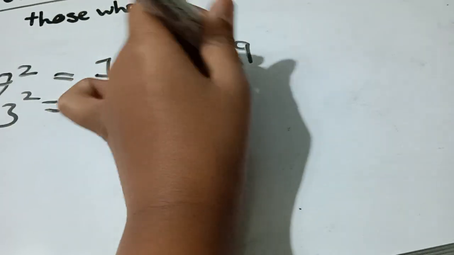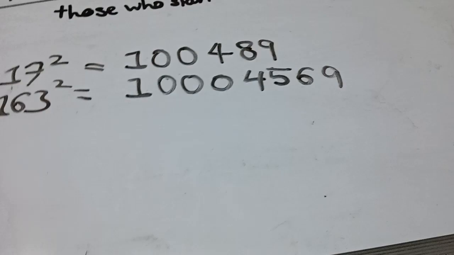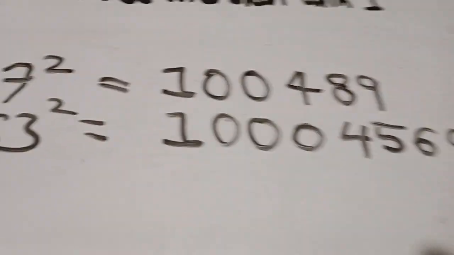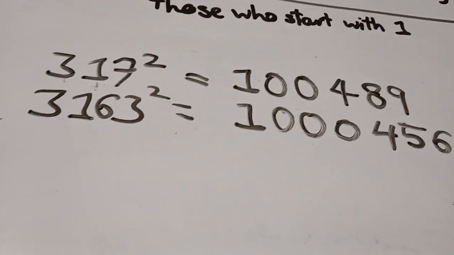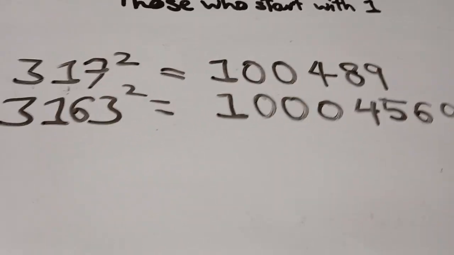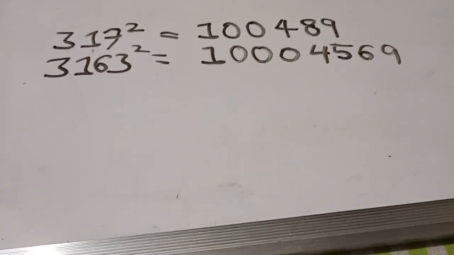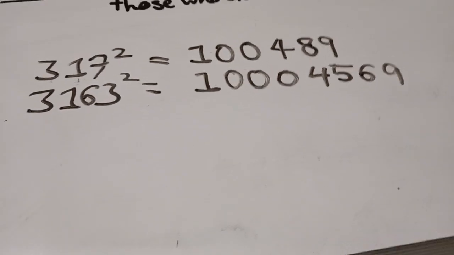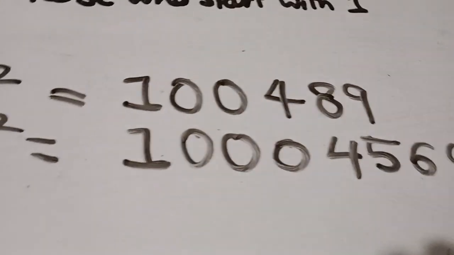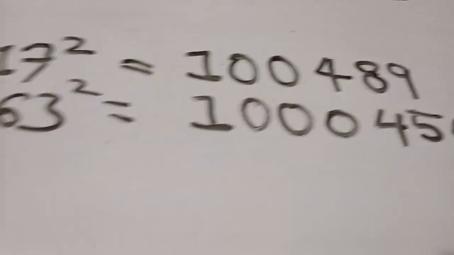And 3,163 squared is 10,004,569. There's the difference. The difference between these is the number of zeros, the numbers before those, which are 316 and 3,162 respectively. They still have the same number of zeros after the decimal point.